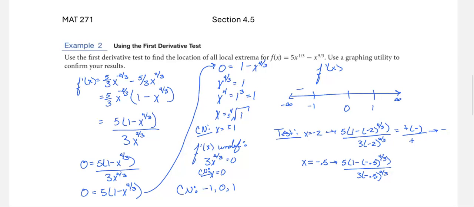And I'm just going to do this off screen in the calculator. So when I type in negative 0.5, I get a positive. So now we're going to try positive 0.5. Same thing, it's going into that derivative.